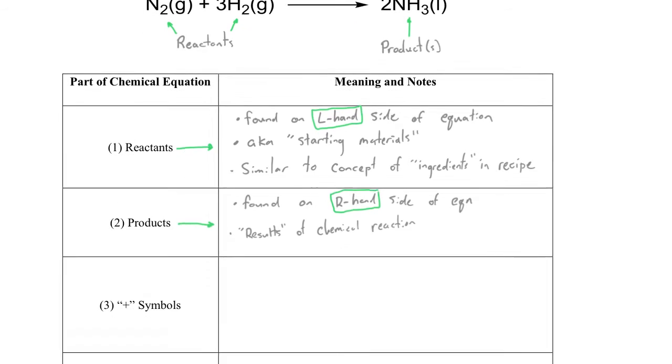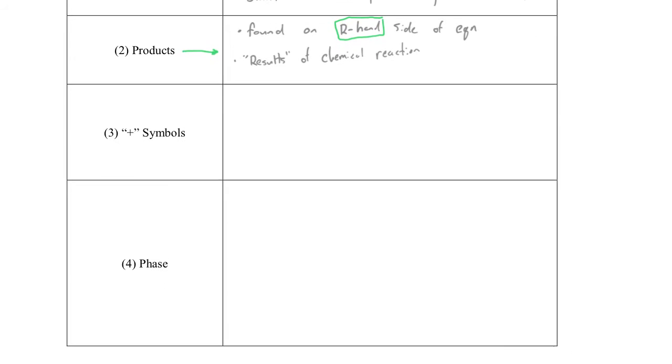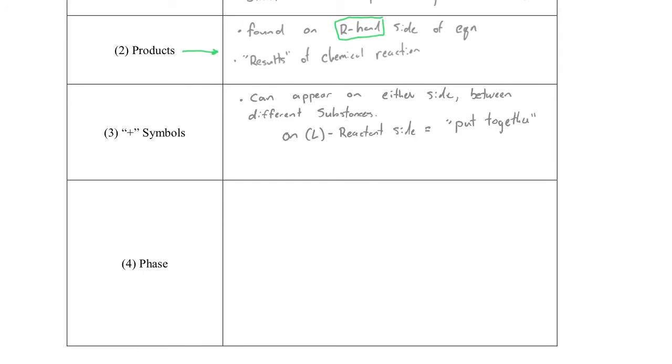Now you will also see the appearance of plus symbols, what look like addition signs. They mean something on the left and on the right. What they really mean when they appear on the reactant side is that we have to put these different reactants together. So they have to be in contact with one another.